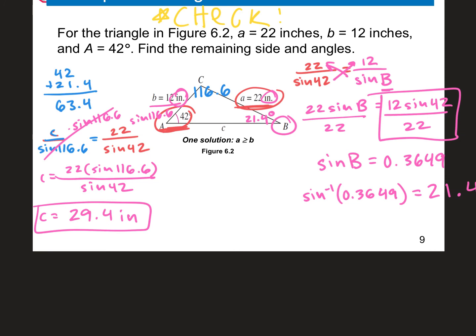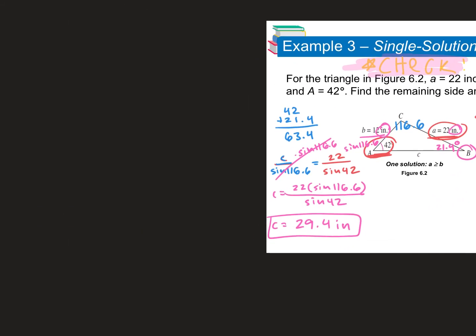All right, so now that we solved everything in our triangle, we have to go back to what we said originally, and we have to check. We have to check and make sure that we don't have more than one triangle. So the way we check is we can make a little chart over here. We have triangle 1 and triangle 2.